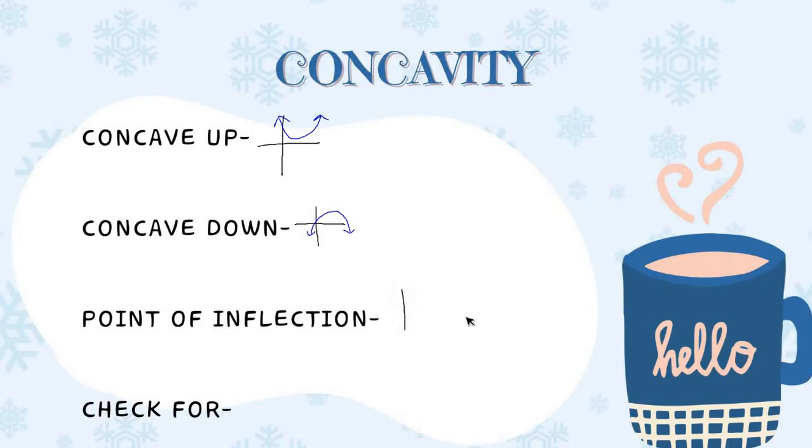There are times where our graph is going to be concave up for part of it and concave down for part of it. And so the points at which we switch from concave up to concave down, or vice versa, are called our points of inflection.